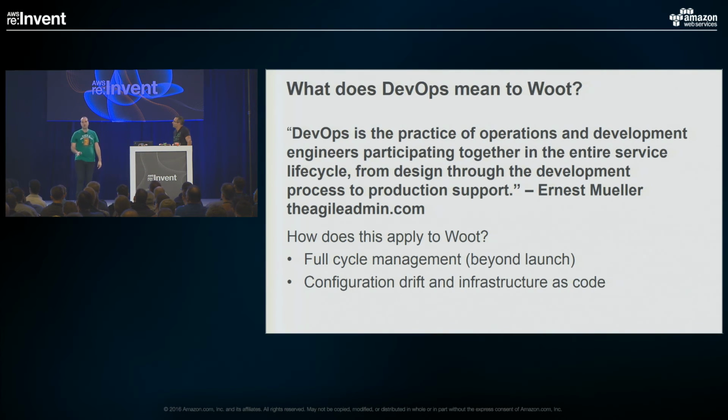The other thing that's important out of that is talking about configuration drift and infrastructure as code. What happens a lot of times is you push something out, something breaks, you have an emergency fix. Now you've got a configuration drift. You've got 1 server, 2 servers that are different. How do you know that's happening? That could cause catastrophic errors later on.